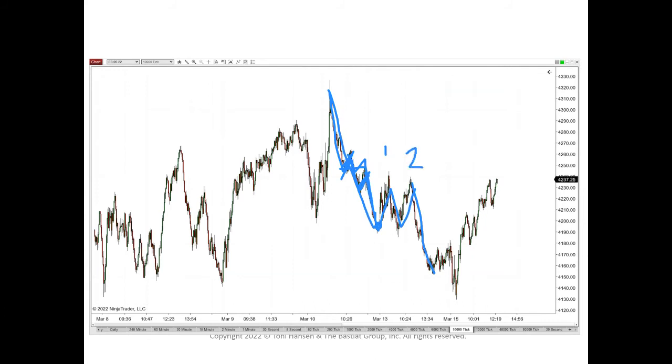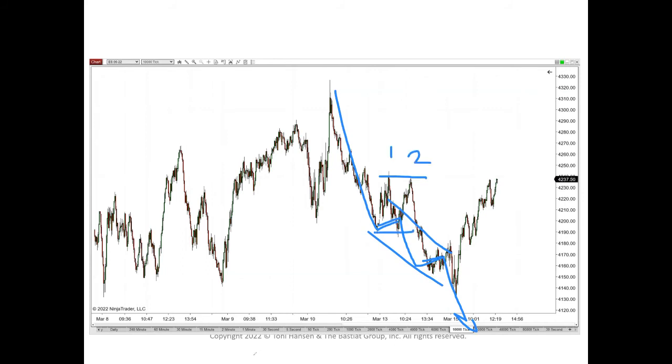But this could have also looked like that, where that corrective zone would have been tilted. So instead of going into just base action with your two-wave correction, you can also get that tilted two-wave correction in here. And that's what we've got going on right now.